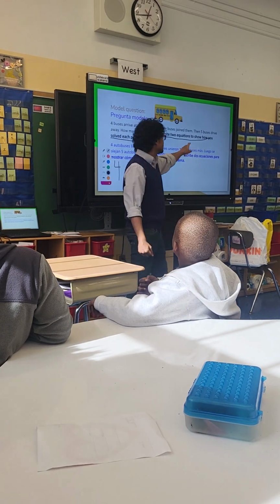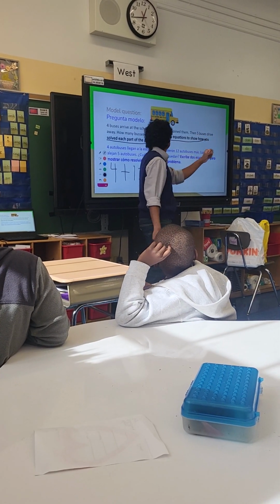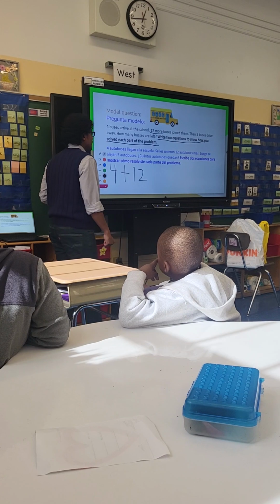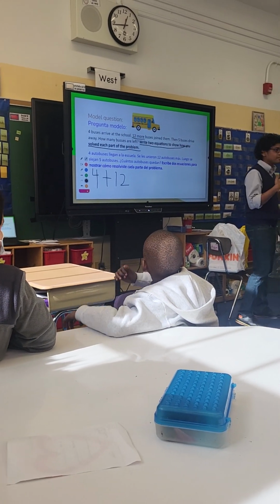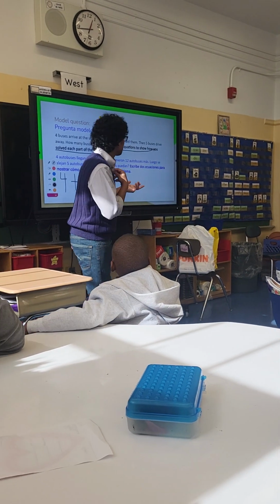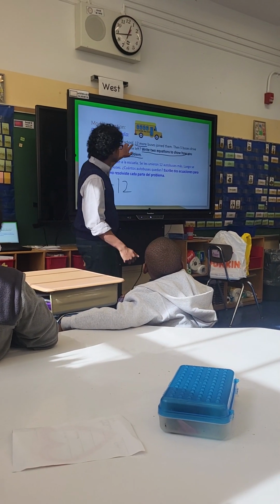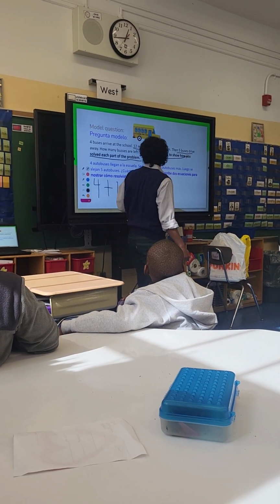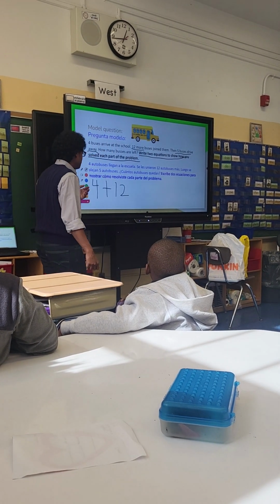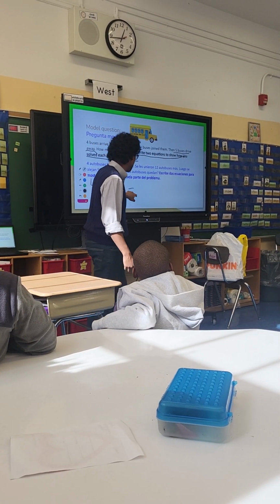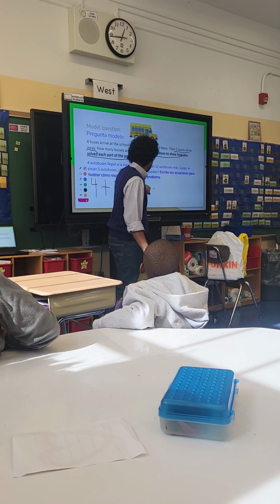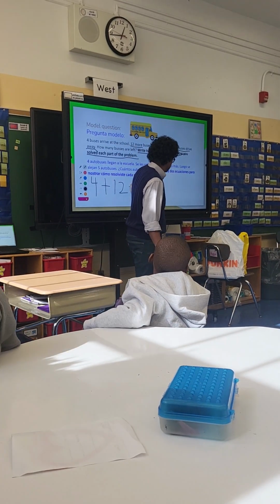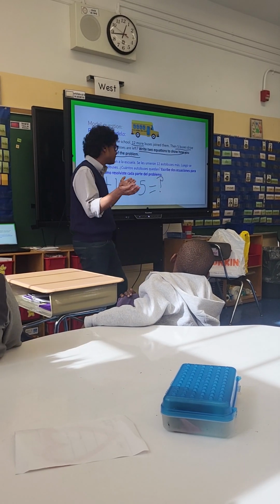Then the next sentence says, then 5 buses drive away. If the buses drive away, I don't think that we have 5 buses left. So first I'm going to underline 5 away. Since they're going away, I'm going to have to subtract 5. Oh, look at that. And then that would equal, I don't know the number yet.